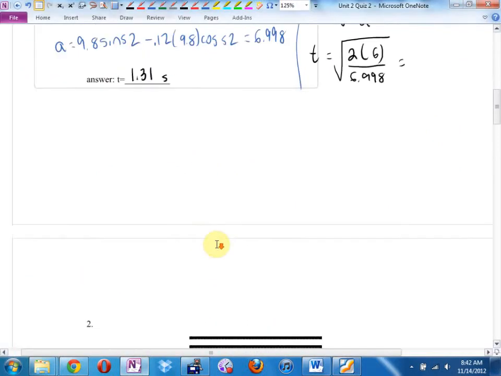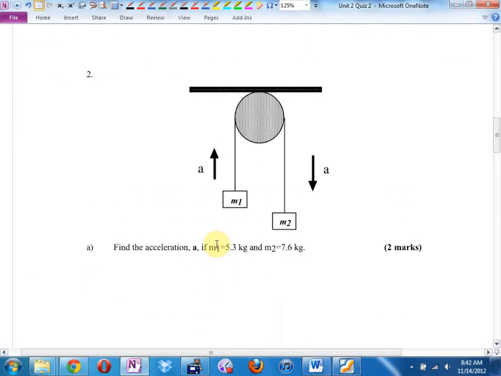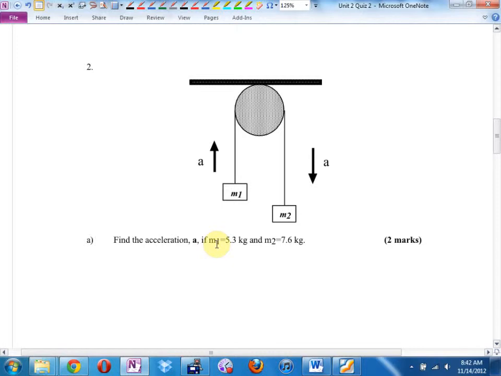And then we go to the next page. Find the acceleration if m1 equals 5.3 kilos and m2 equals 7.6 kilos. What are the forces acting? I have m1g, tension, m2g, tension.